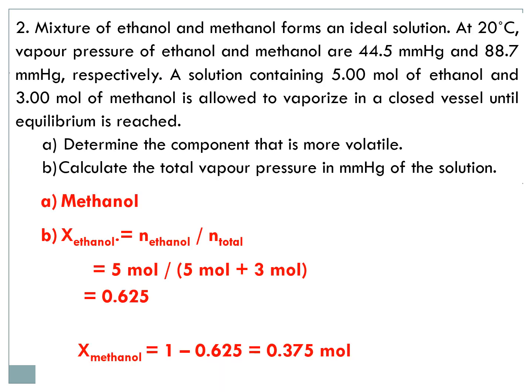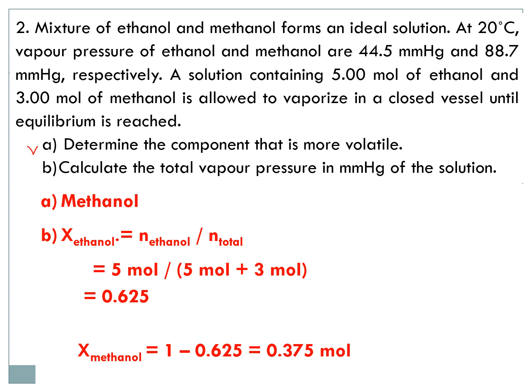Second example, a mixture of ethanol and methanol forms an ideal solution. At 20 degrees Celsius, the vapor pressures of ethanol and methanol are 44.5 mm mercury and 88.7 mm mercury. A solution containing 5 mol of ethanol and 3 mol of methanol is allowed to vaporize in a closed vessel until equilibrium is reached.